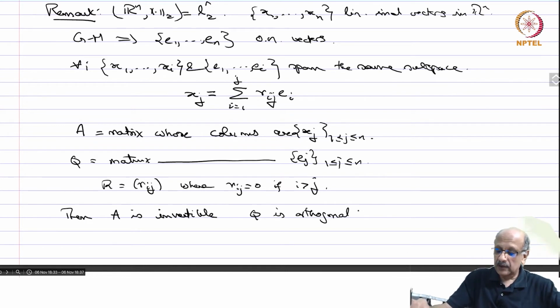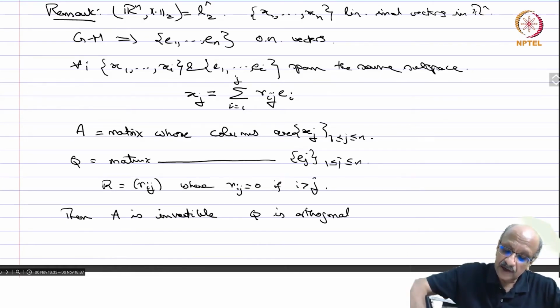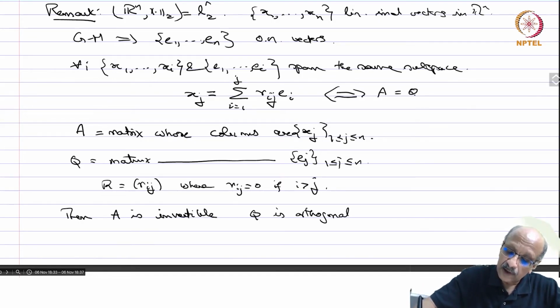Q transpose Q equals identity, because that's just the definition of an orthogonal matrix. So the columns of the orthogonal matrix are orthonormal vectors, and this relationship is the same as A equals Q times R.